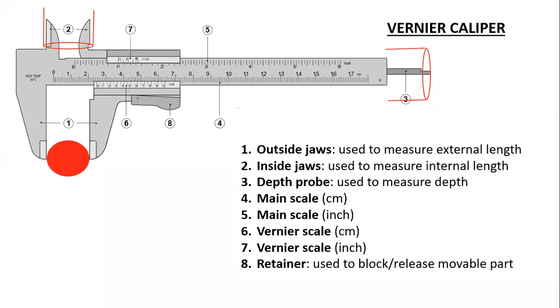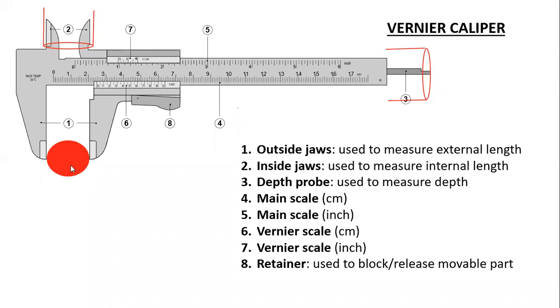Yeah, Adya, what is the doubt? Can you explain the retainer again? The retainer is used to hold the object. Suppose you come across such a vernier caliper, you just need to press this retainer. Once you press it, you will be able to slide this jaw back and forth.